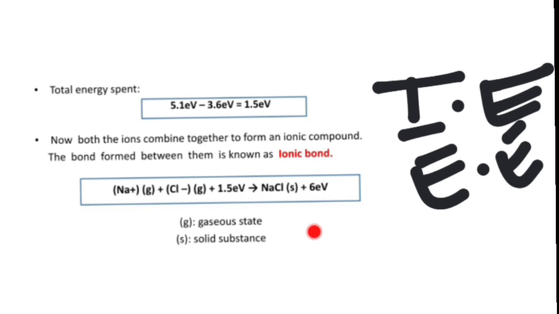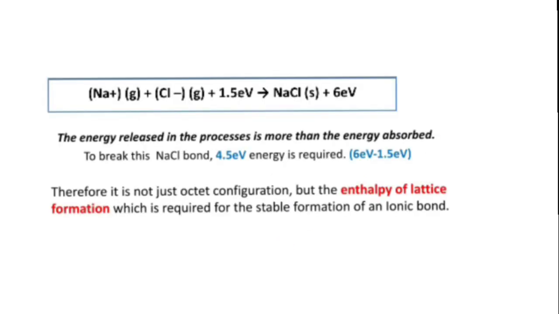From gaseous state, they are converted to solid state. So, we supply 1.5 electron volt of energy to the ions for the formation of the ionic compound NaCl, whereas the energy released is 6 electron volt.